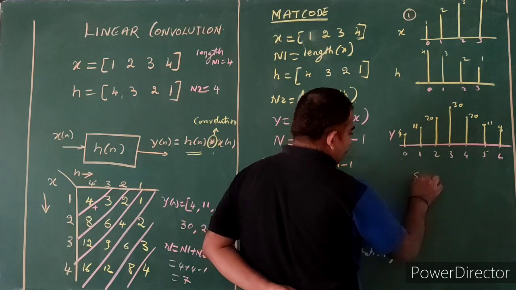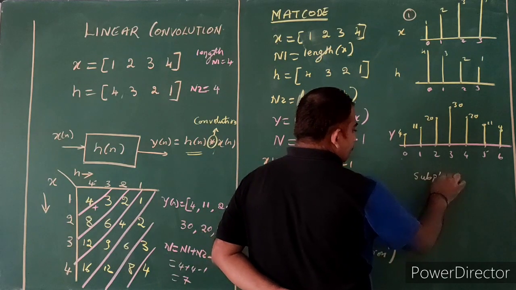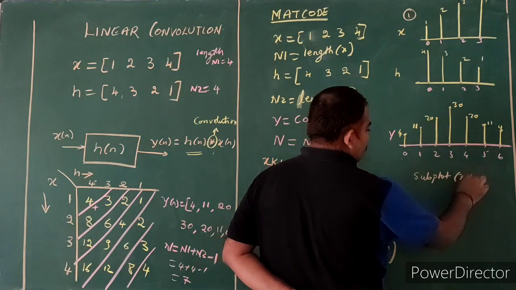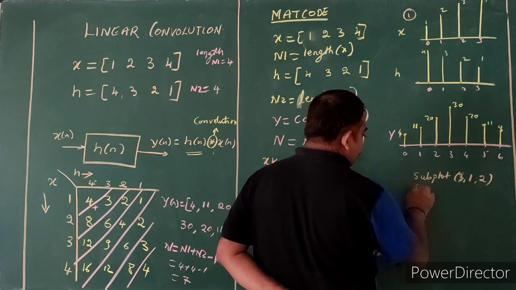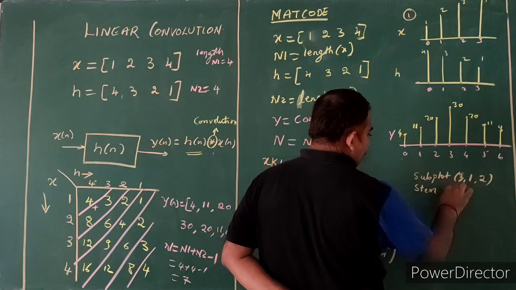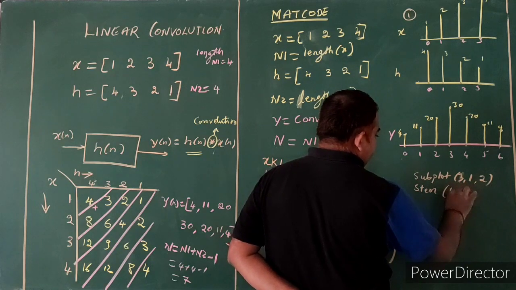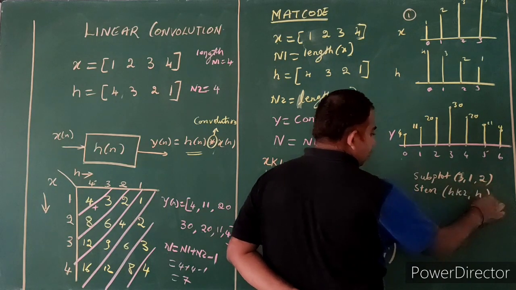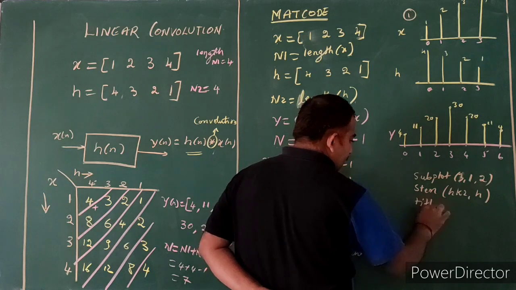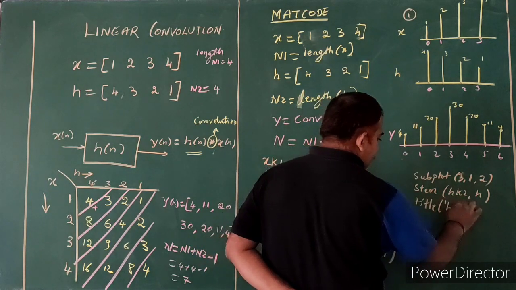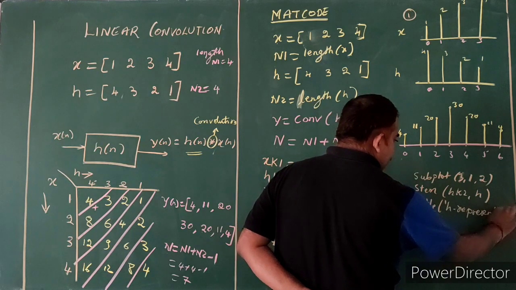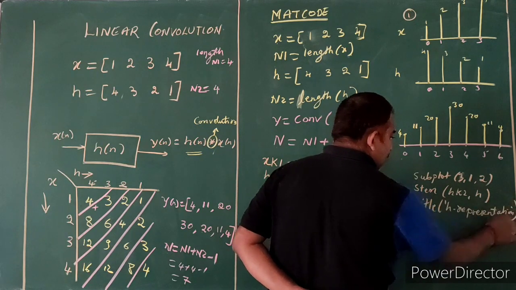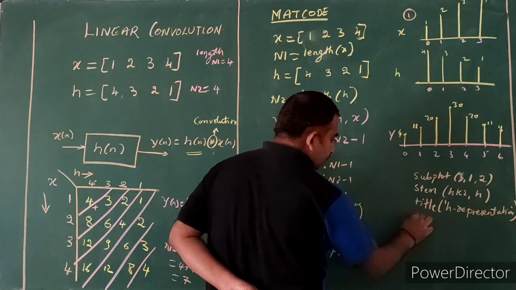Let us write it here. Subplot 3 rows, 1 column, figure 2 for h, stem hk2 comma h, title h representation.